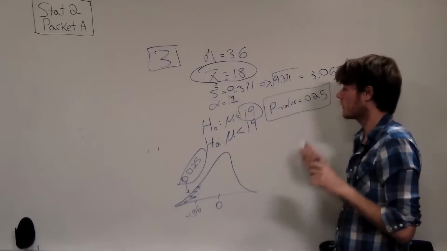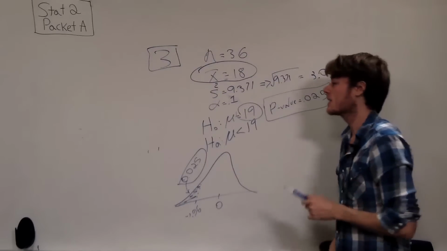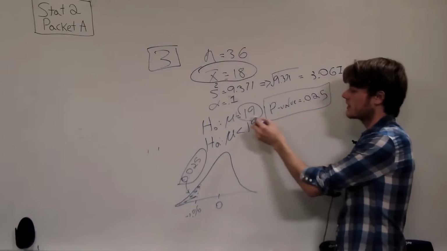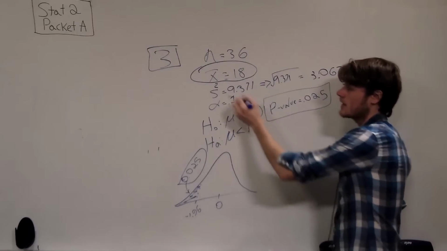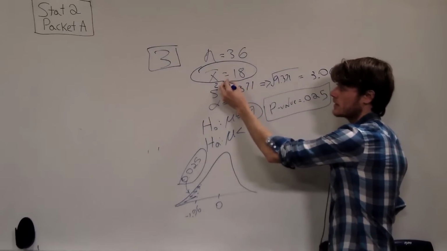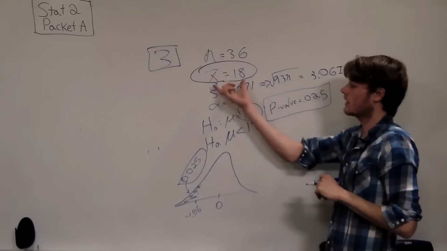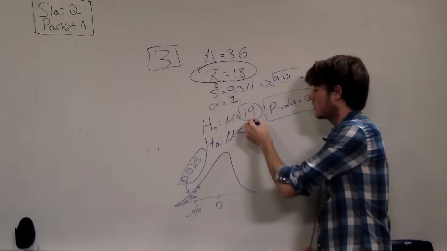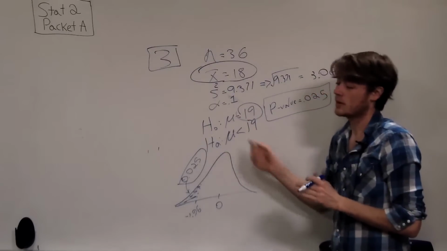That's why when we have a low p-value, we reject H0, because this tells us there's a lot of evidence to say that H0 is not true. We found 18 to be the mean of 36 people, and we need a lot of evidence to say that H0 is probably true.